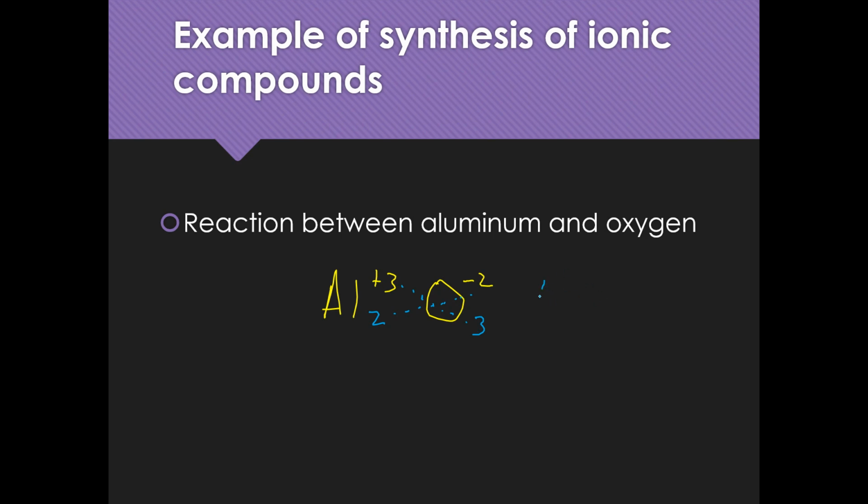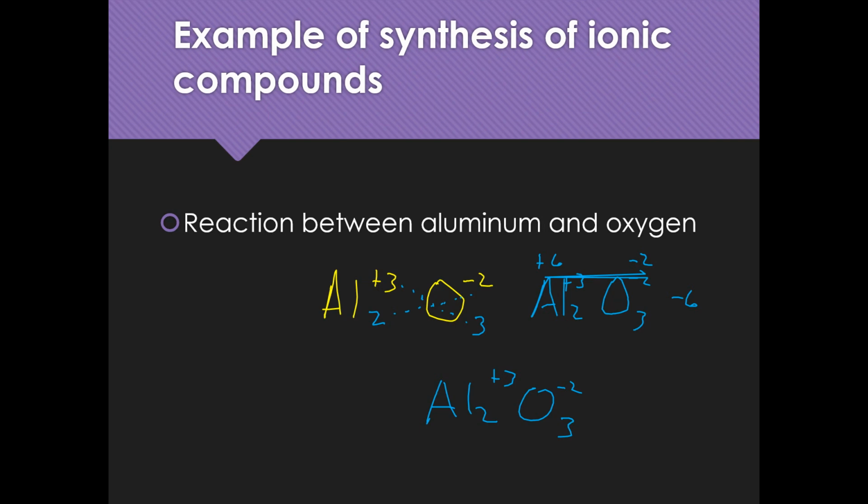And we get the formula of Al plus 3, 2, oxygen minus 2, 3. And look what happened. We have -2 times 3, or minus 6, and plus 3 times 2, or plus 6. We have the same number of pluses and minuses, so the correct formula for aluminum oxide would be Al plus 3, 2 of them, oxygen minus 2, 3 of them.